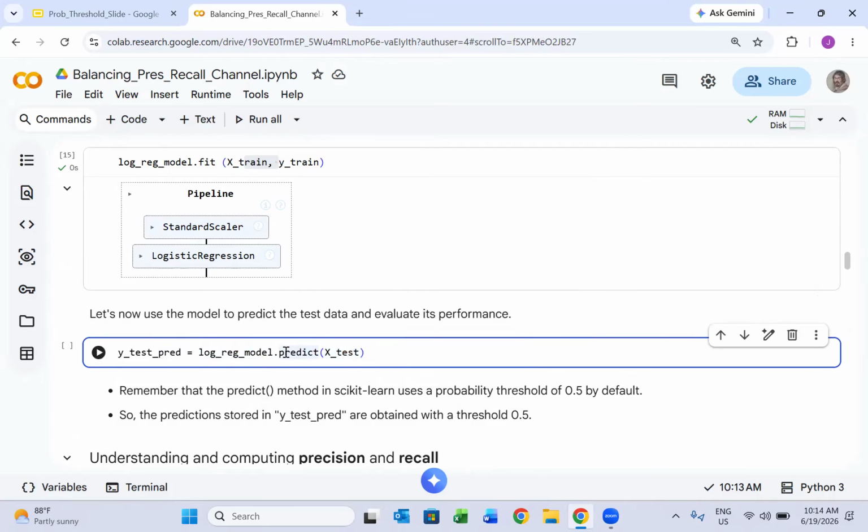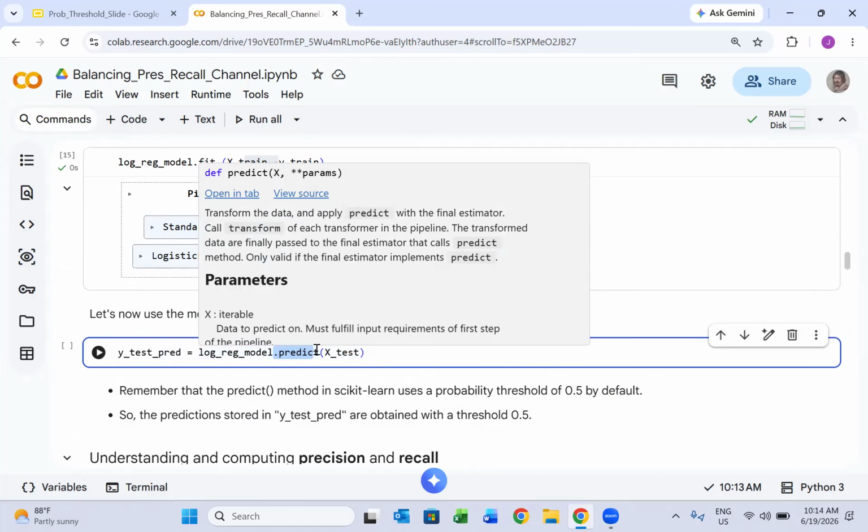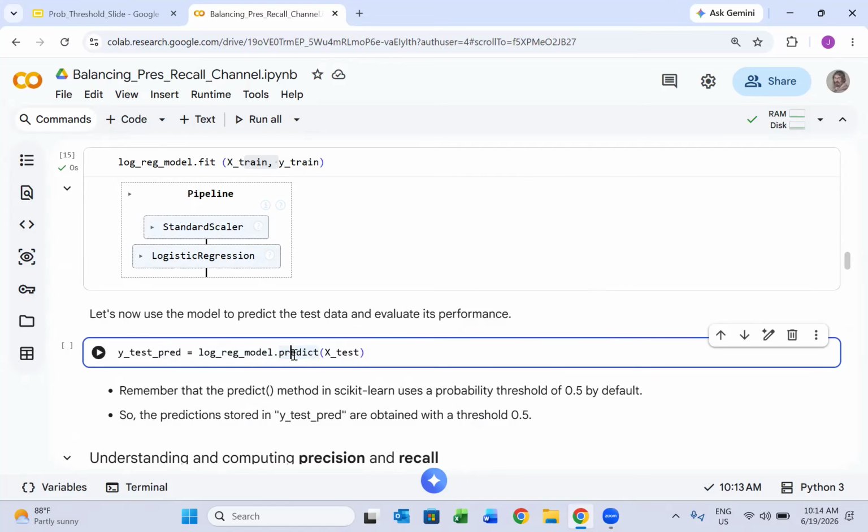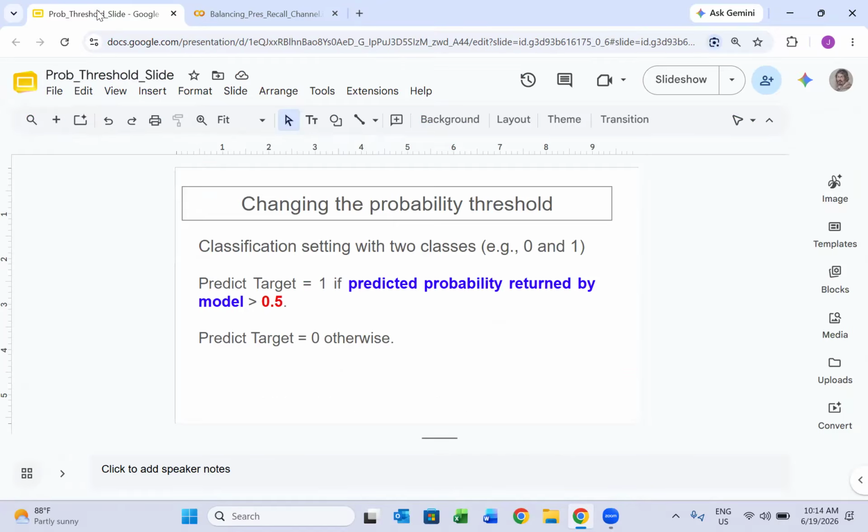And one thing that I want to mention here, guys, is that in scikit-learn, when you invoke the predict method, a threshold of 0.5 is used to come up with a prediction. So let me repeat that. When you invoke the predict method in scikit-learn, a threshold of 0.5 is used. What is the threshold of 0.5? Remember, guys, let me take you to this slide.